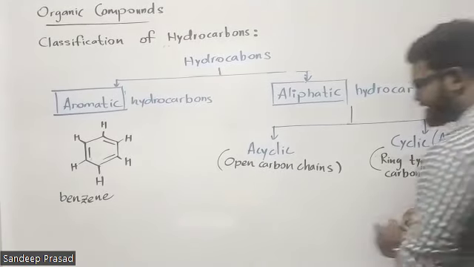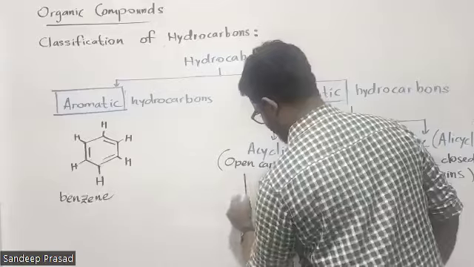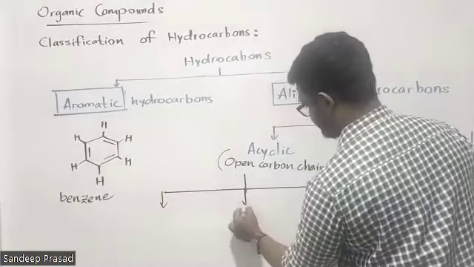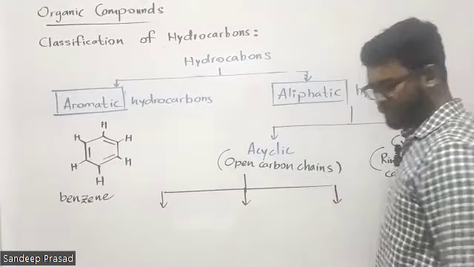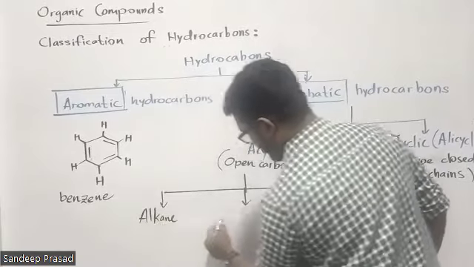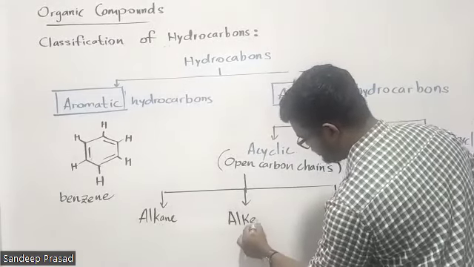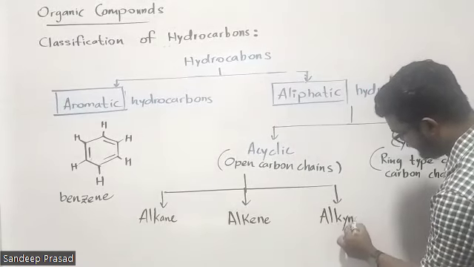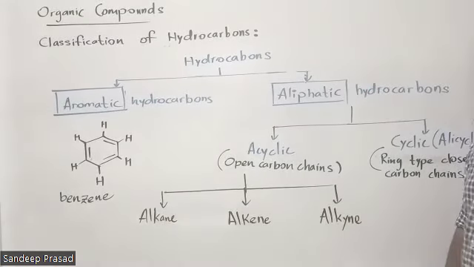Again, acyclic hydrocarbons are of three major types. What are they? Alkane, alkene, alkyne.